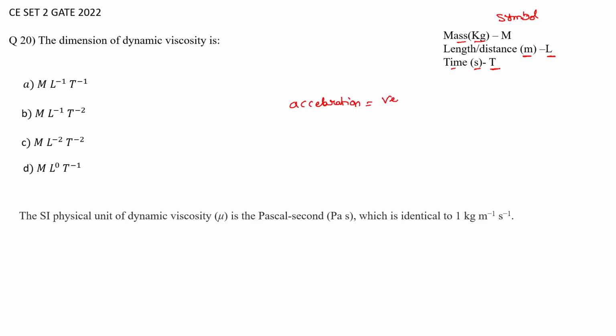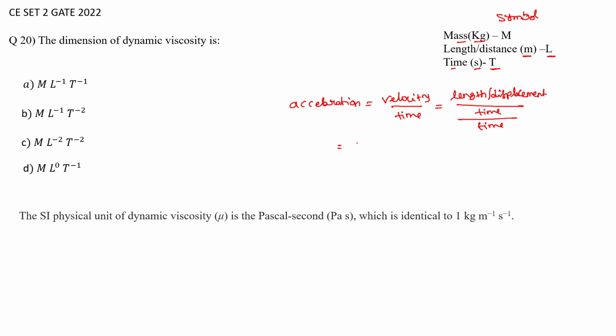Acceleration is nothing but velocity divided by time. What is velocity? Velocity is displacement per time.